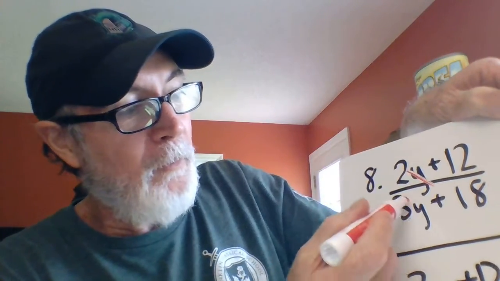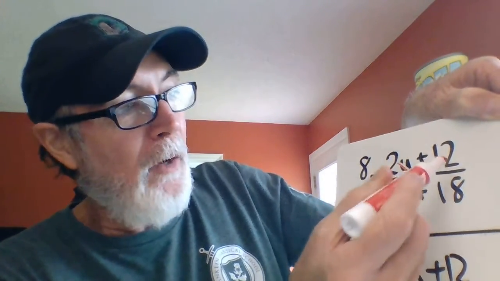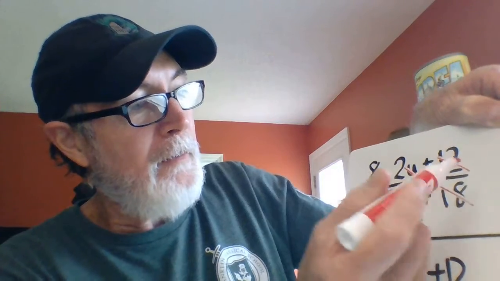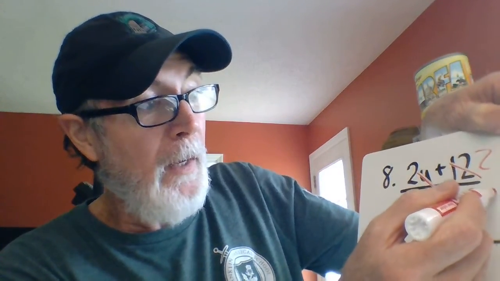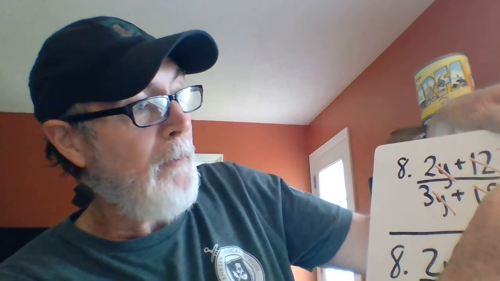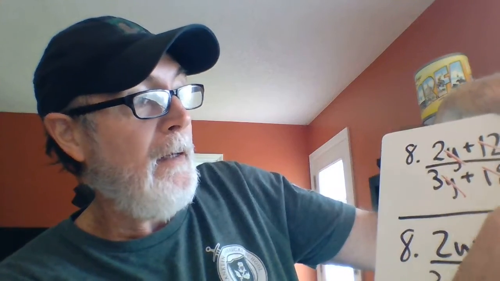And you're thinking that this is okay, but it's not okay. They're going, oh, I can cancel this y and this y. And, oh, 12 and 18, 6 goes into both, so this is 2, and that's 3. And so you're getting, oh, 2 plus 2, that must be 4, and 6.